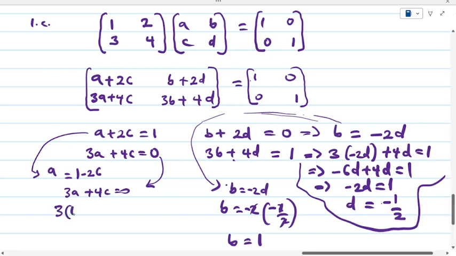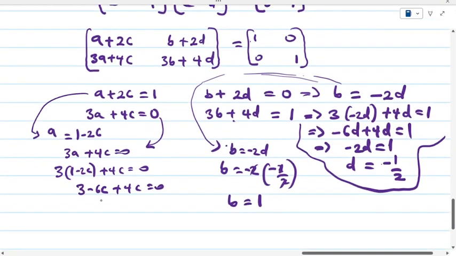Then 3 times (1 minus 2c) plus 4c equals 0. So I have 3 minus 6c plus 4c equals 0, and I have 3 minus 2c equals 0. Then minus 2c equals minus 3, so c equals 3 over 2.